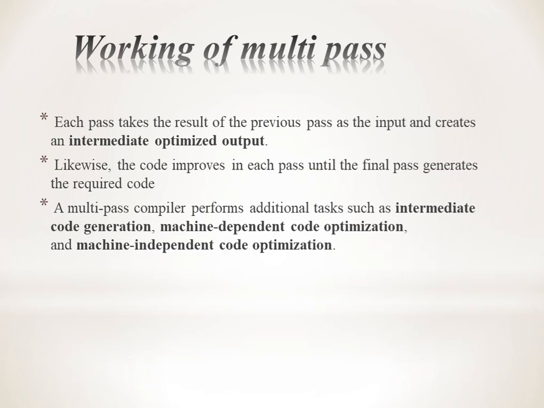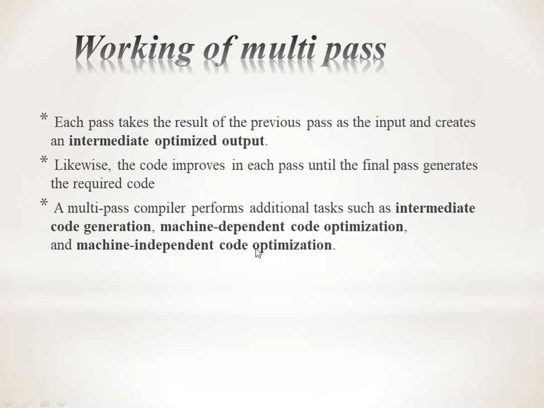So, if we want to design a compiler for different programming languages for the same machine, in this case, for each programming language there is a requirement to make a front end, and only one back end, that is machine dependent.